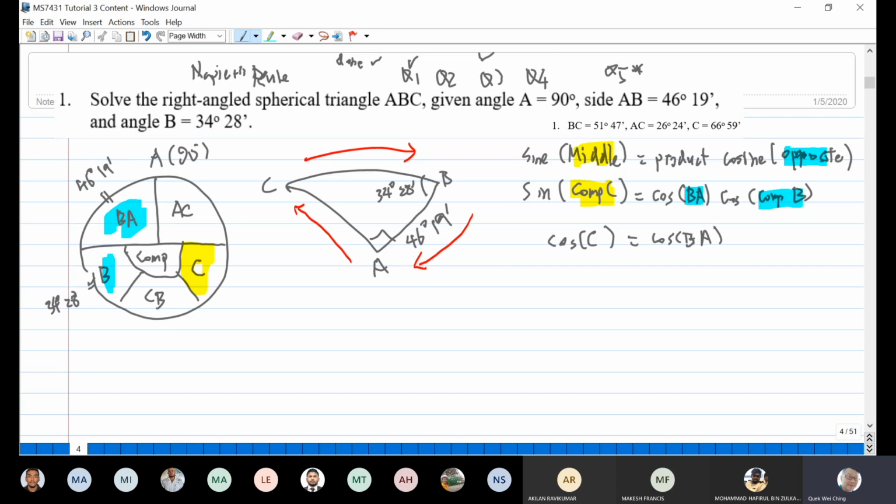Cosine of co-B, we know that cosine of co-B is the same as sine of B now. So all the co-parts disappear already.